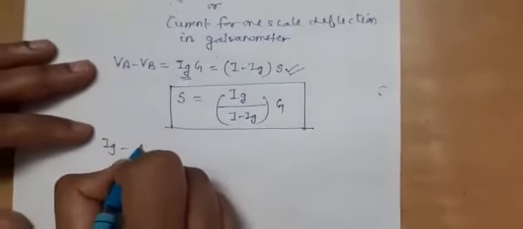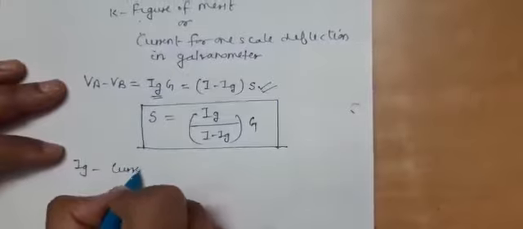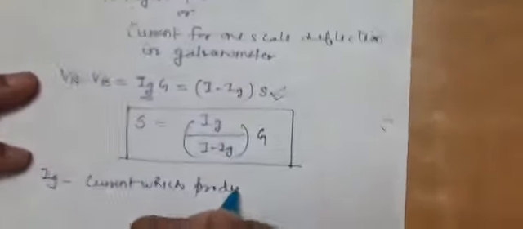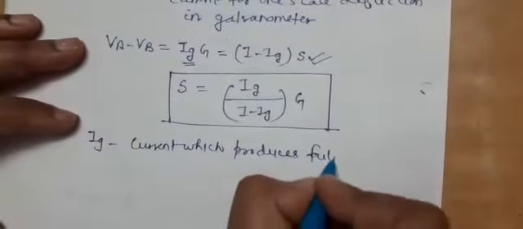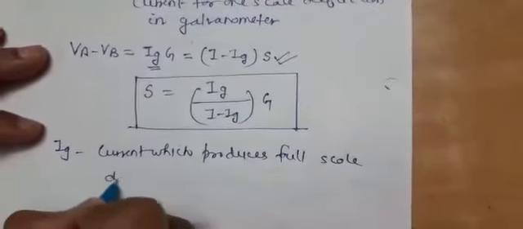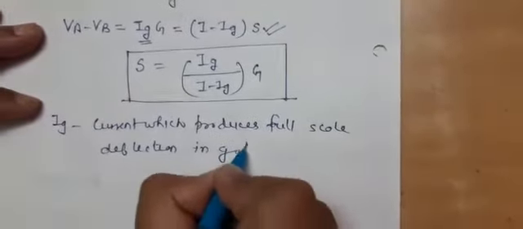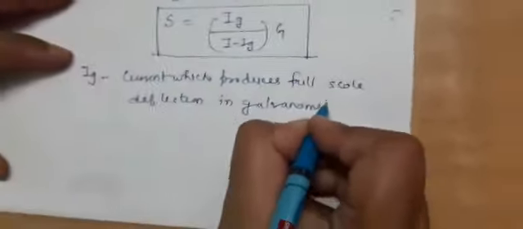the current which produces full scale deflection in the galvanometer.